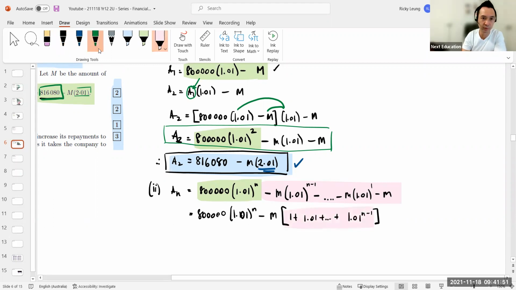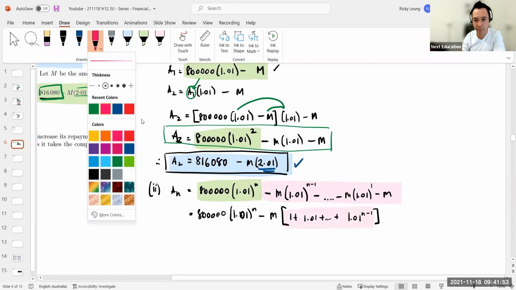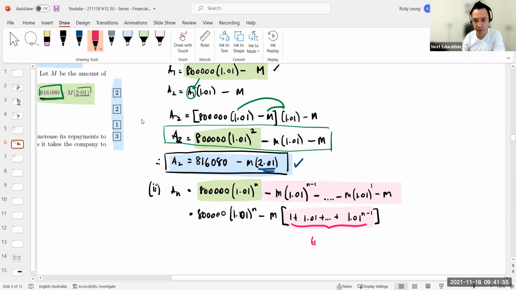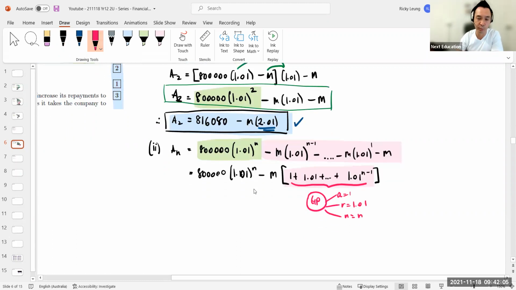So grab my pink pen. That's GP. A is 1, R is 1.01, N is N. I'm moving at a bit of pace because I don't think this warrants much description. It's very, very textbook.